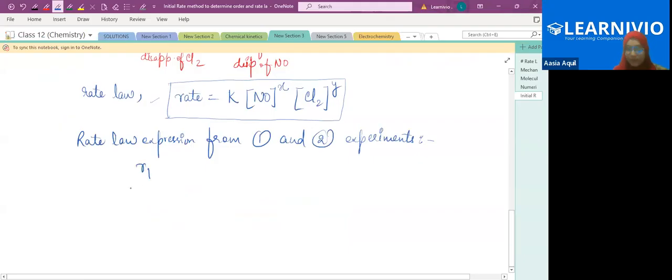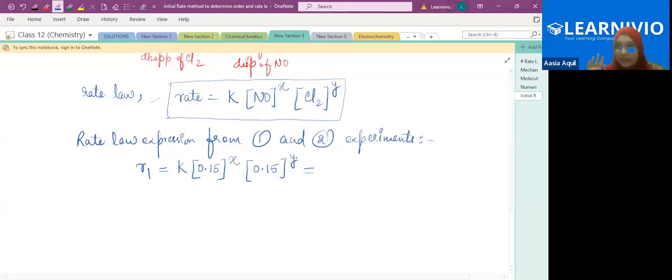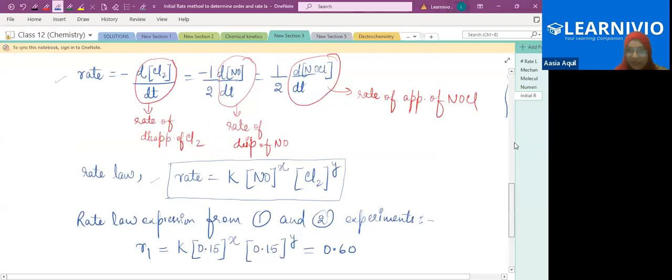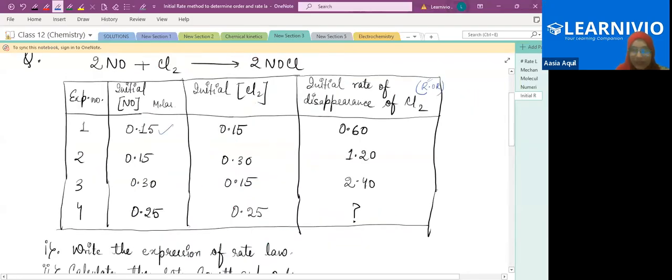For the first, R1, the rate will be the rate constant multiplied by the concentration of NO, which is 0.15 here, raised to the power X, and the concentration of Cl2, again 0.15, raised to the power Y. The rate is the rate of disappearance of Cl2 in this case, so we write 0.60. See the data over here.